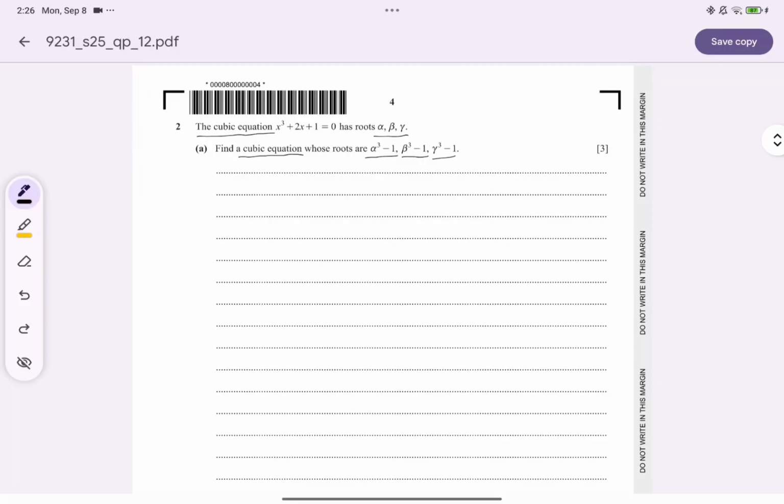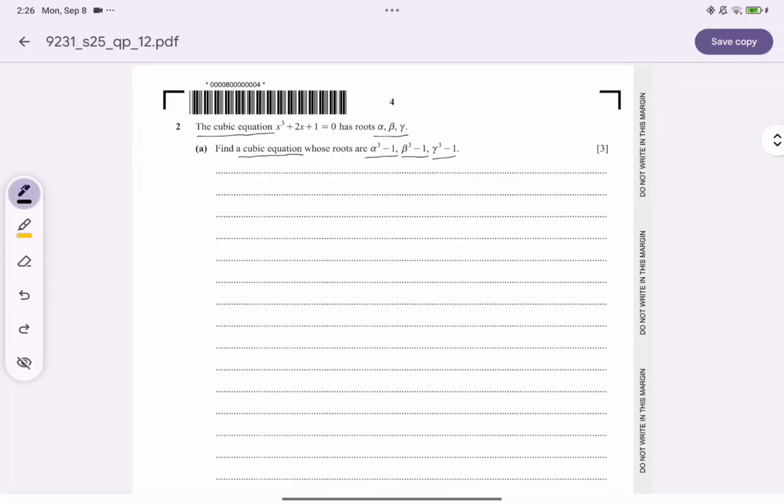Alright, so we're told that alpha, beta, and gamma are the roots of this equation, so it should also be true that alpha cubed plus 2 alpha plus 1 equals 0, as well as beta cubed plus 2 beta plus 1 equals 0, as well as gamma cubed plus 2 gamma plus 1 equals 0. So those should be true.